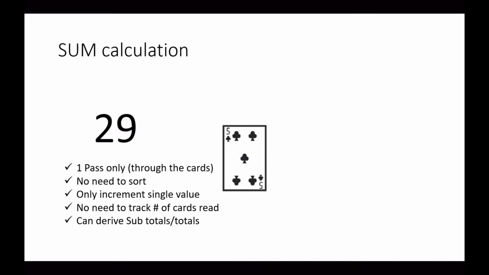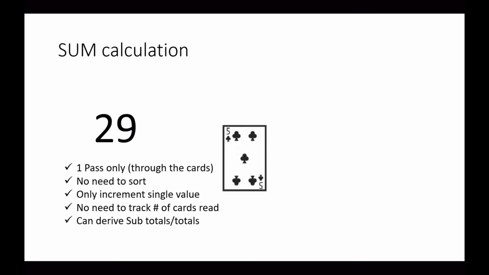But when it comes to producing a value for the total for the week, or the total for the month, we don't need to go back to the cards. We don't need to do a second pass. We can just simply look at the results and sum them up. It's much easier. It doesn't require anywhere near as much memory.